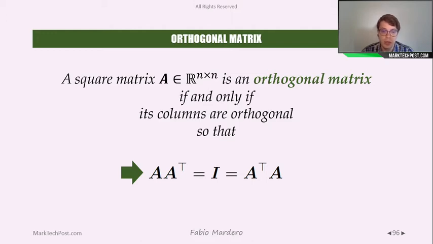And in particular, we can demonstrate that if the columns are orthogonal, or better, orthonormal, then this property holds. So A times the transpose of A equals the identity matrix, and the same for A transpose times A. But let's see why this property holds if the columns are orthogonal.